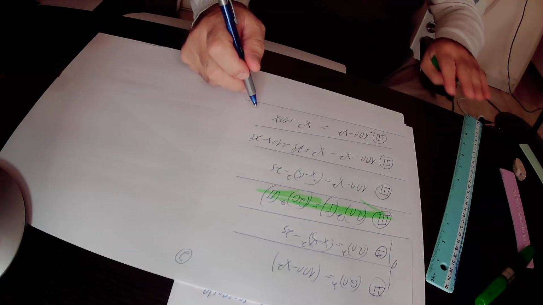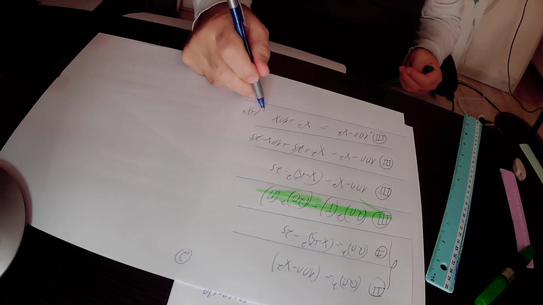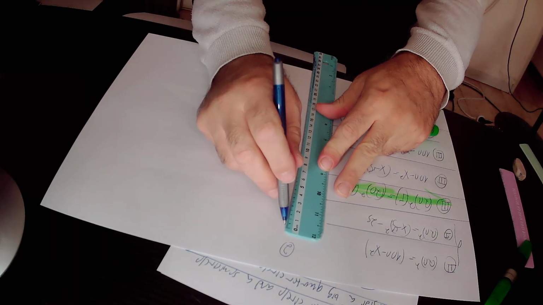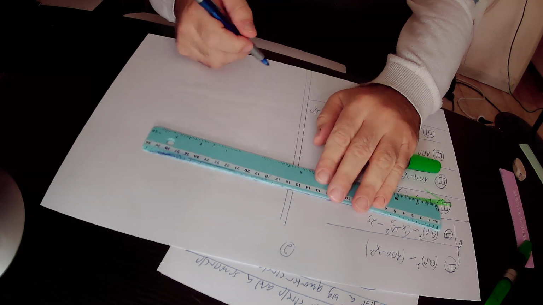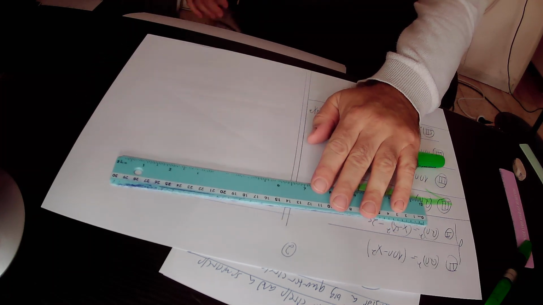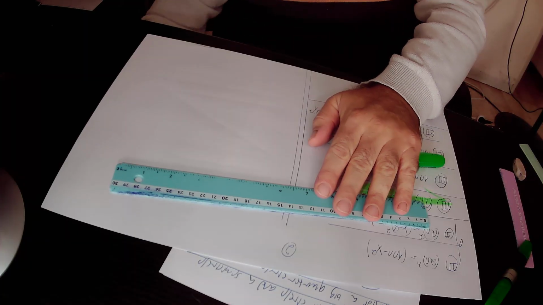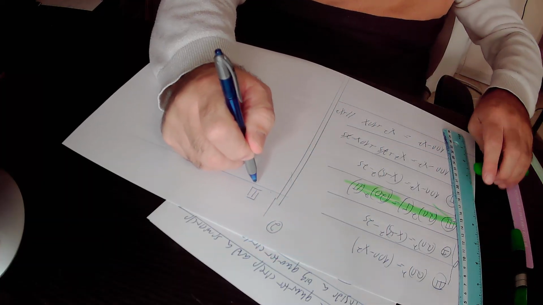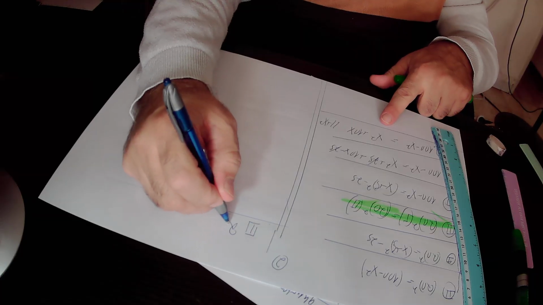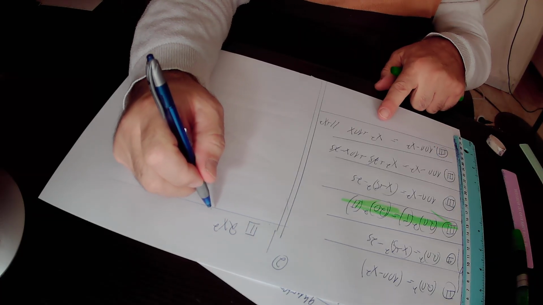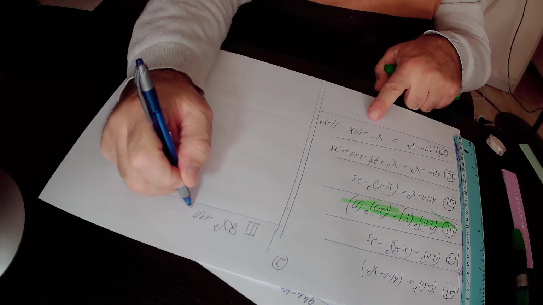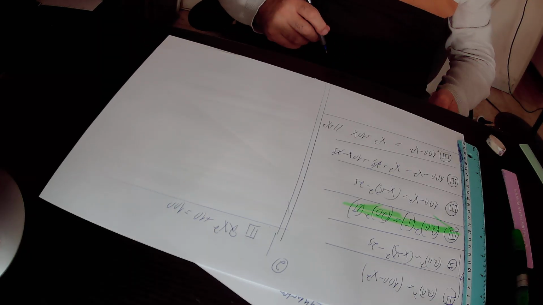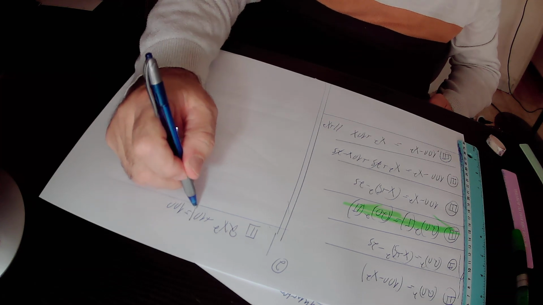Here we add x squared to this equation 3. Again, according to equation 3, x squared plus x squared is 2x squared, plus 10x equals 100. So we found that 2x squared plus 10x, of course, equals 100.